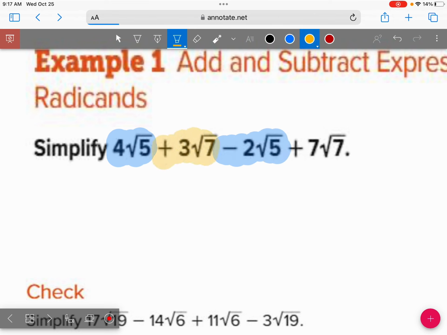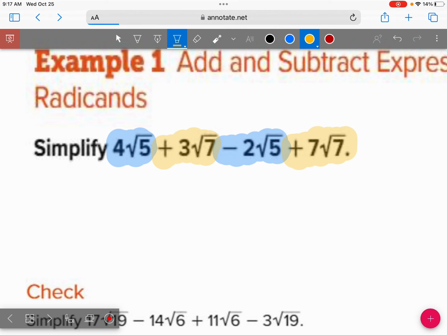And I can add these two together because they're like terms. So circle your blue terms, put an underline under the yellow terms. So let's start by circling the blue, adding together my blue terms.